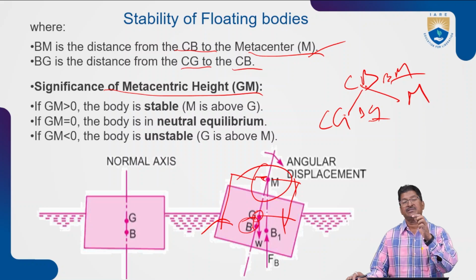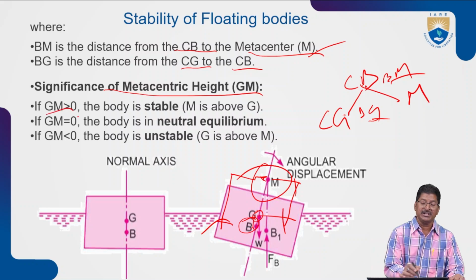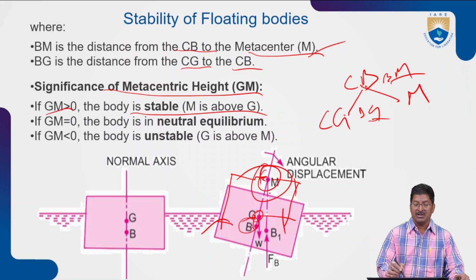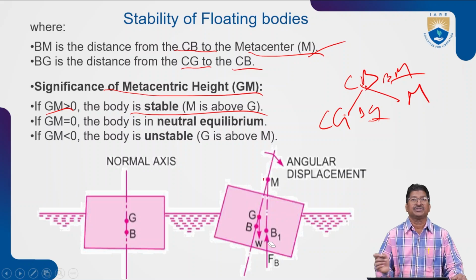So the distance between the metacenter and the CG of the body is the metacentric height. If it is more than 0, then it is stable. If M is above G, you can see in this figure, the G is below the M. So it is a stable one.